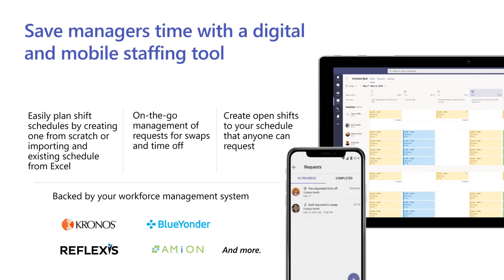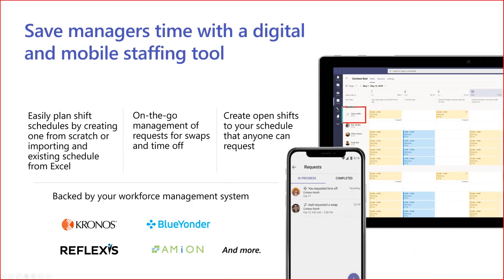One other concept that I want to cover is the concept of open shifts. It might be a little bit small on the screen here, but you can see at the top, there is this row for open shifts. These are the shifts that a manager can put on the calendar, and any employee can come and request one of these open shifts. There's a certain number of slots associated with the open shifts.